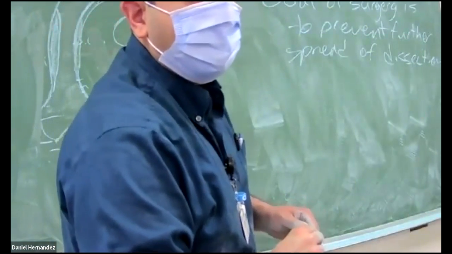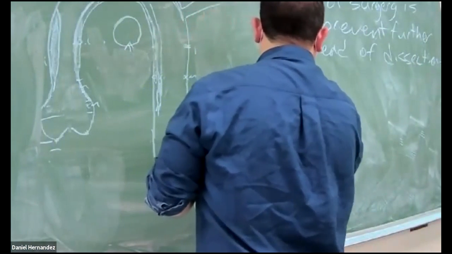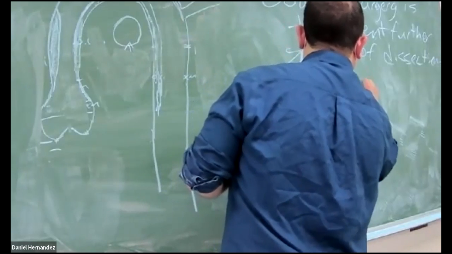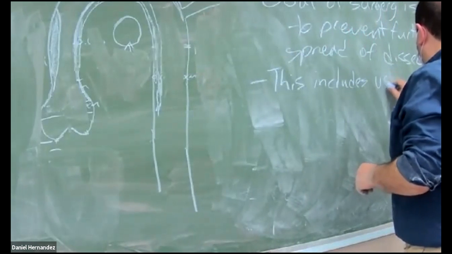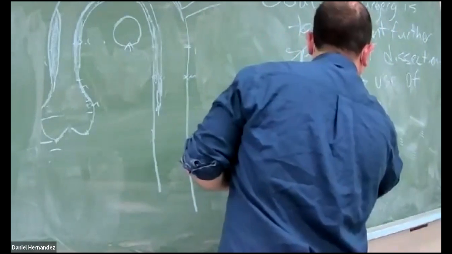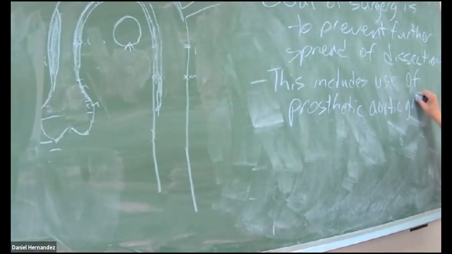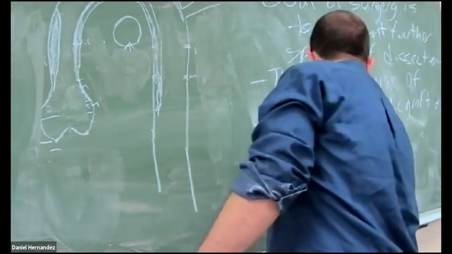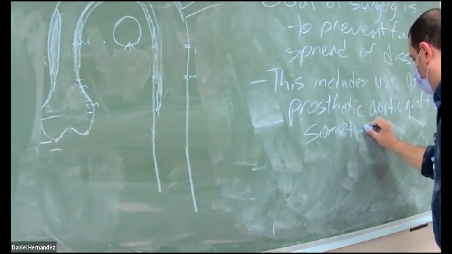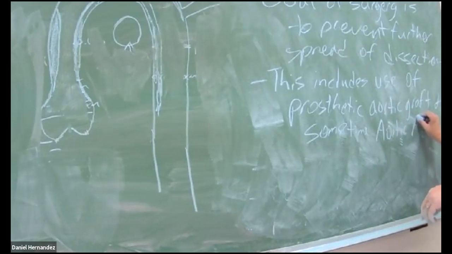And this often includes a prosthetic aortic graft and sometimes a prosthetic aortic valve.